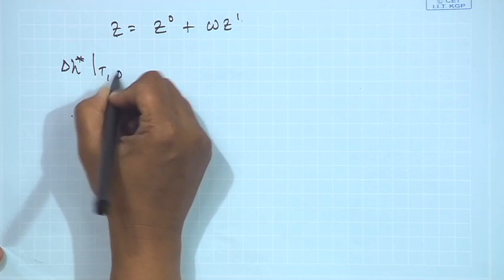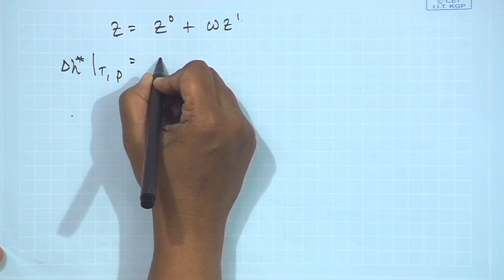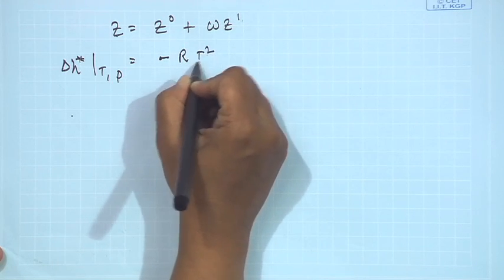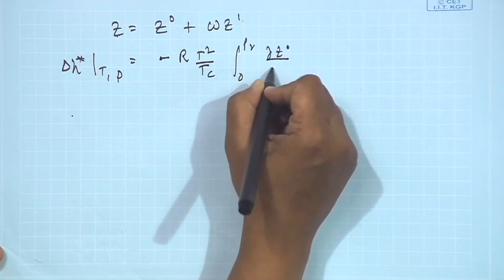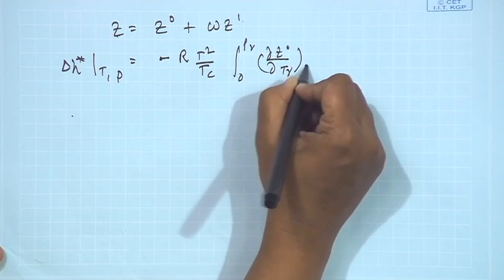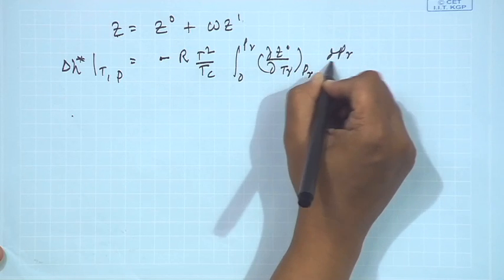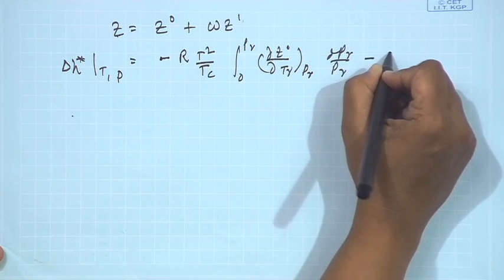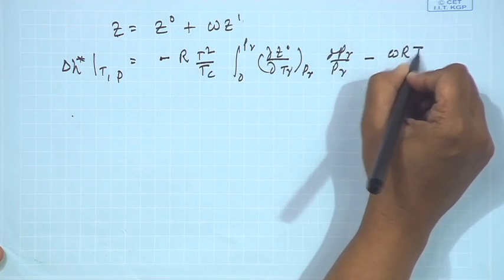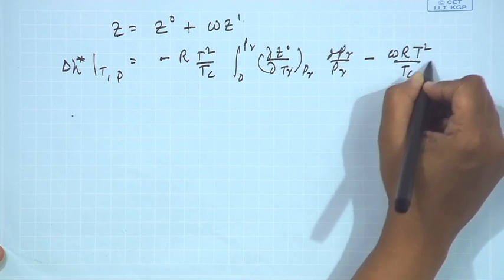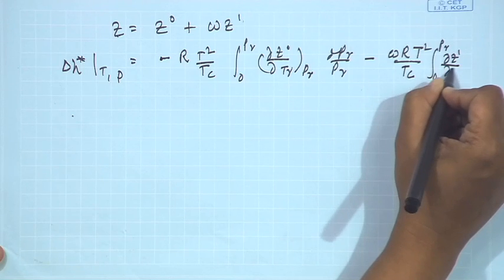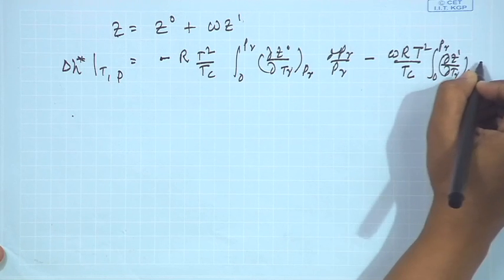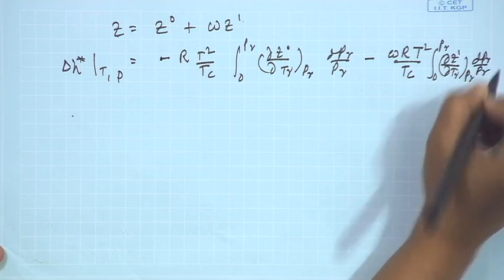What's the equation? Let us see. The equation becomes minus RT square by TC integral 0 to PR del Z0 del TR at constant PR dPr by PR, and we are simply substituting that and elaborating the equation, plus omega, minus RT square by TC integral 0 to PR del Z1 del TR at constant PR dPr by PR.